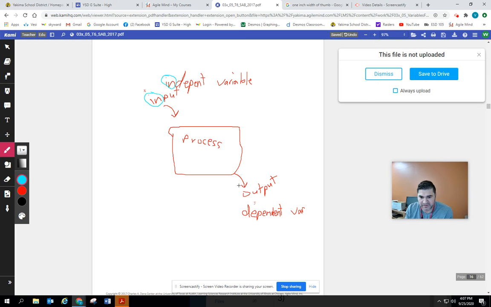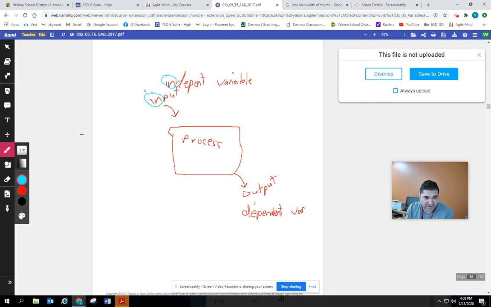Is that what you put in or is that what comes out? I finally made the association that input and independent go together, because they both have "in." Independent is what you put in. Pretty simple, right? You put in an independent variable, it does the process, and a dependent variable comes out.